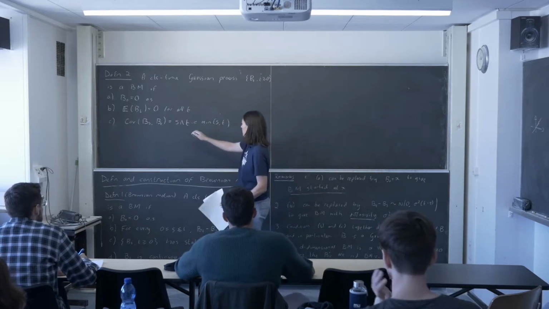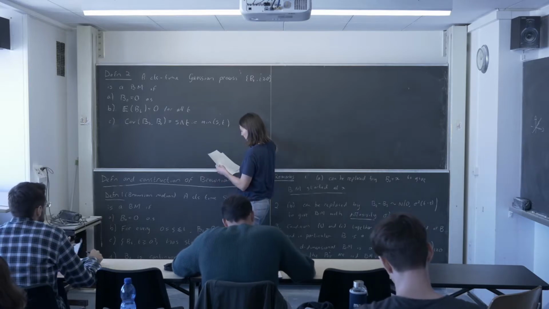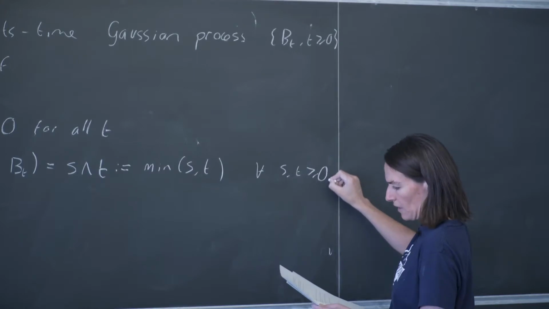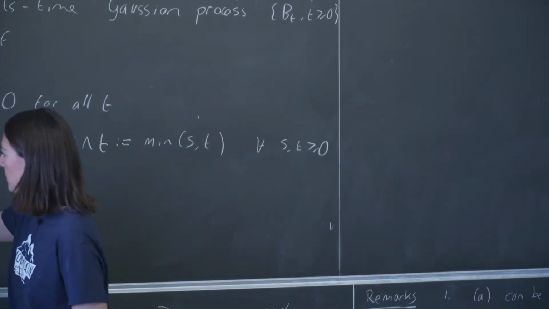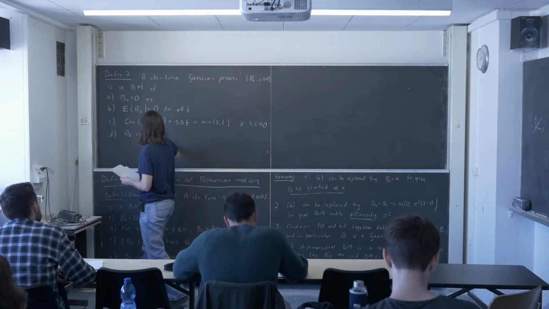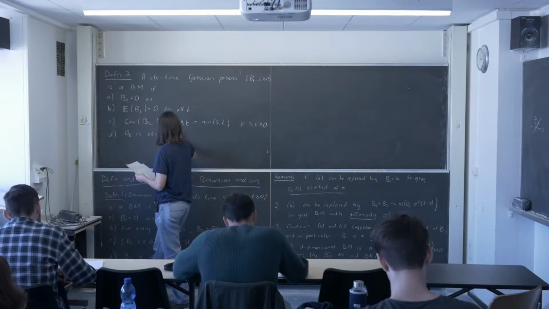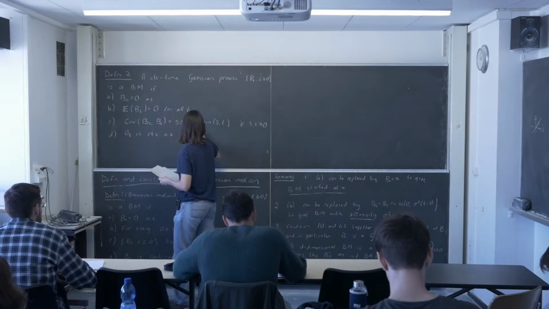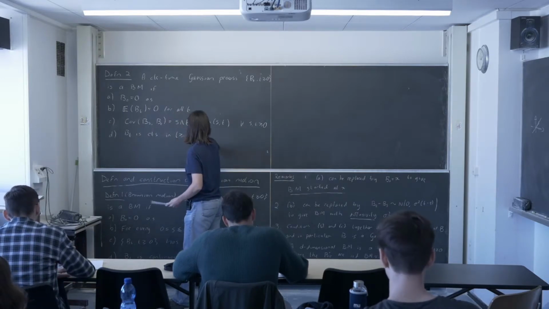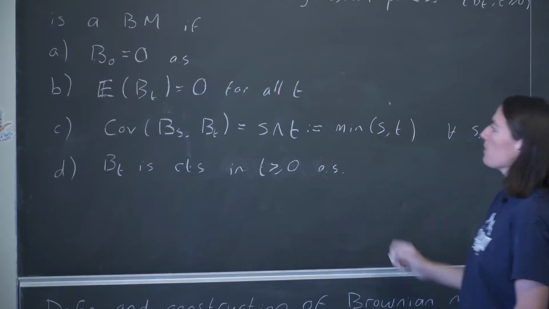Okay, so this covariance holds for all s and t. And lastly, Bt is continuous in t, for t greater than or equal to 0, almost surely.